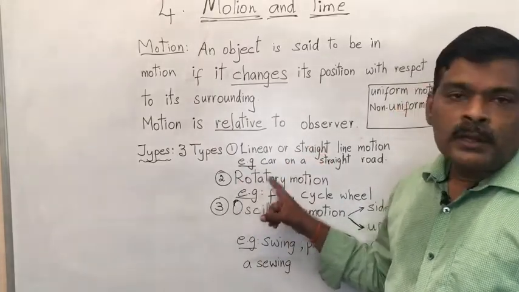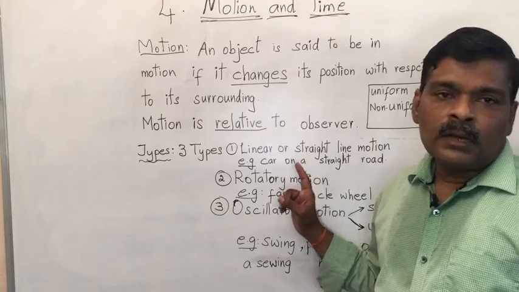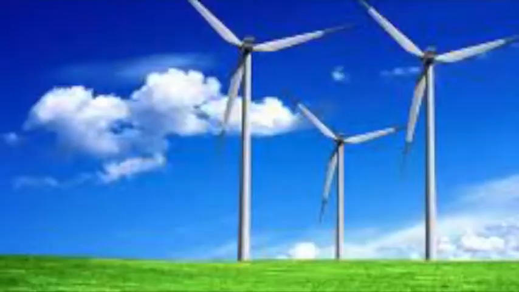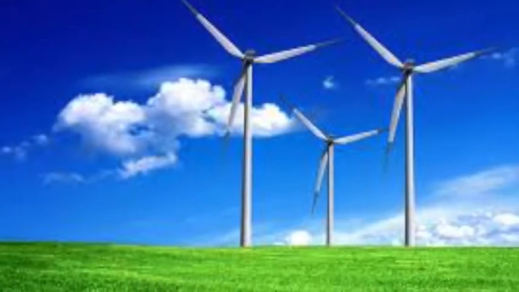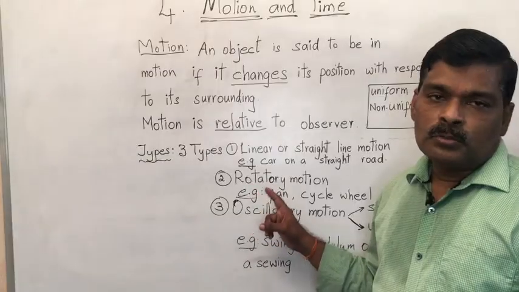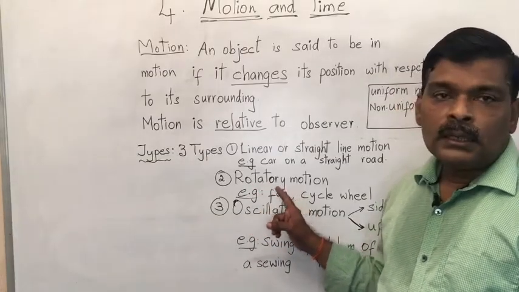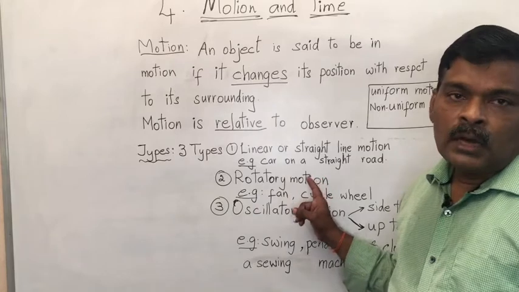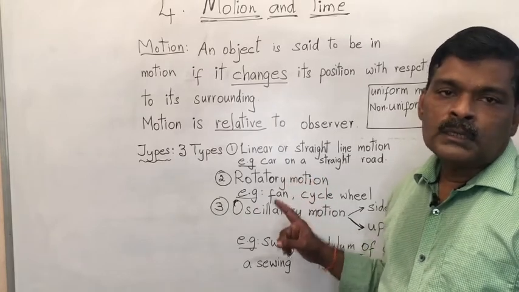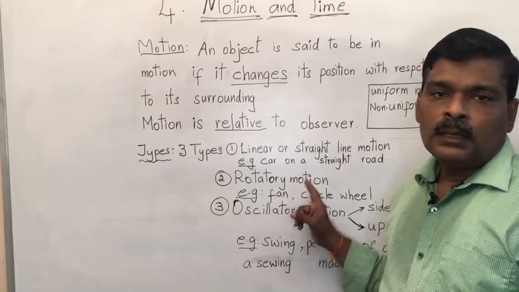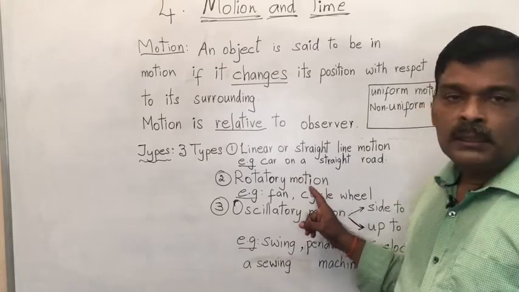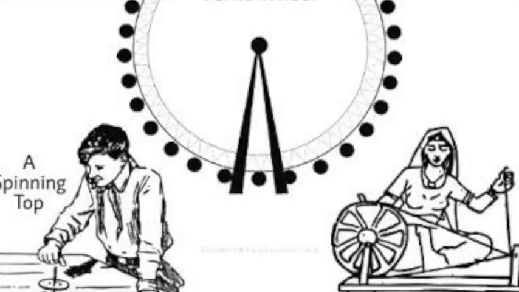Next, rotatory motion. You can see our fan, our clock arms. These all are in rotatory motion. The wheels of the cycle, car, bus, everything is in rotatory motion.